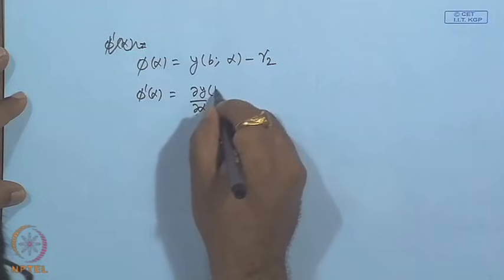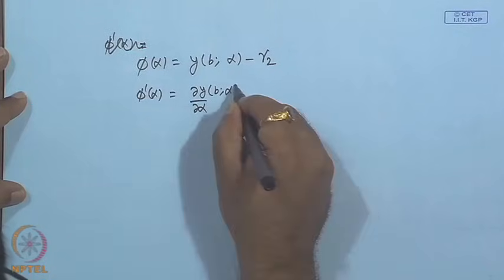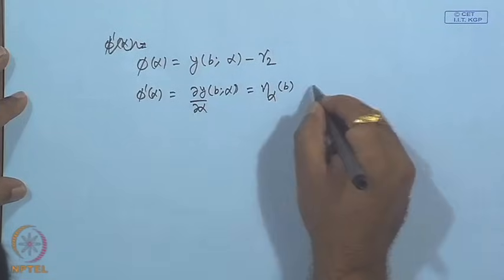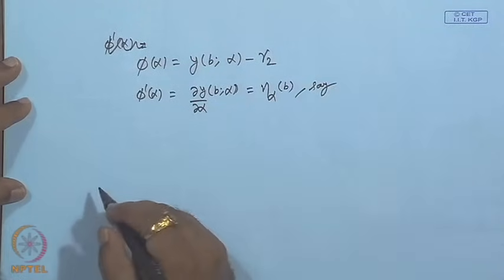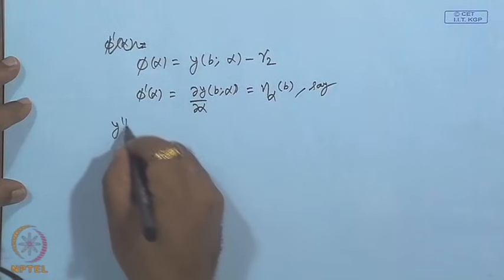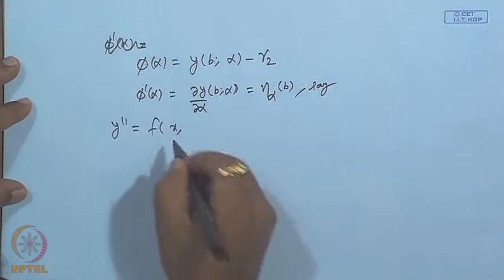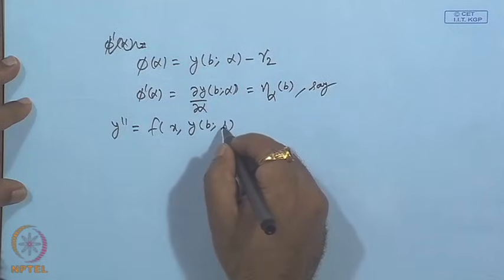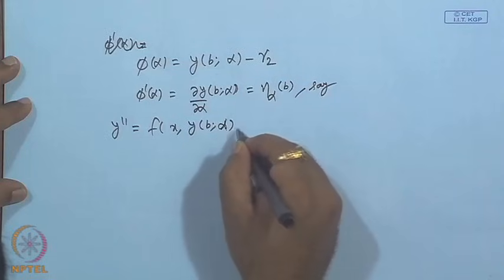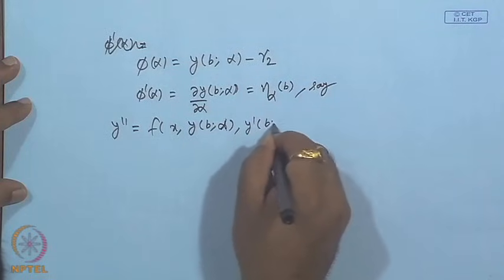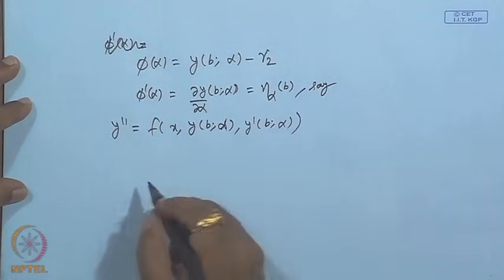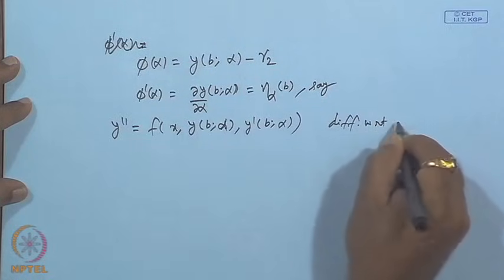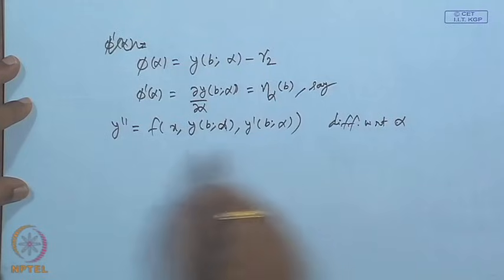So, this let us call some eta of alpha, b. Say. Then we have y double prime is f of x, y of b, alpha, and y dashed of b, alpha. Differentiate with respect to alpha both sides.